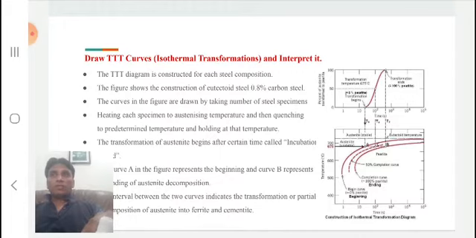The composition is the same, but for the same composition we take n number of specimens, and each specimen is cooled at a different cooling rate.